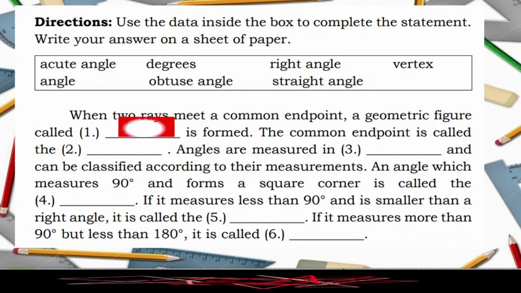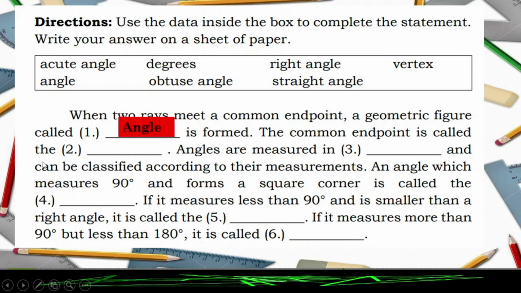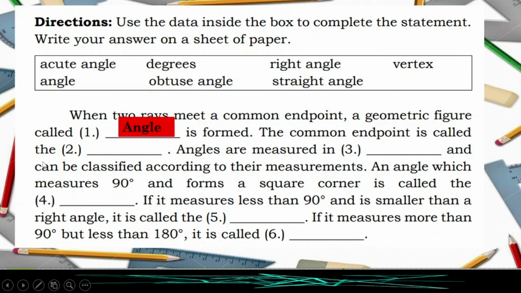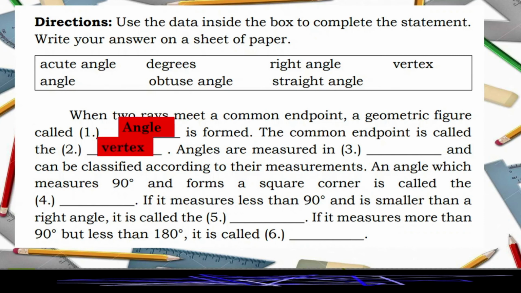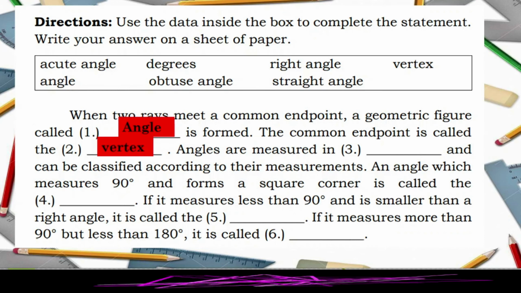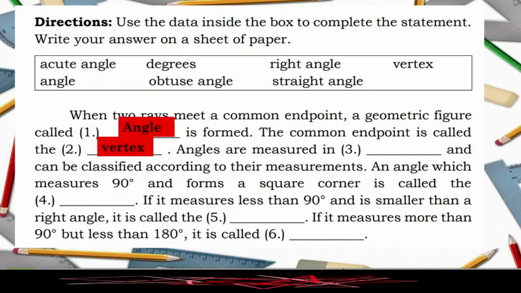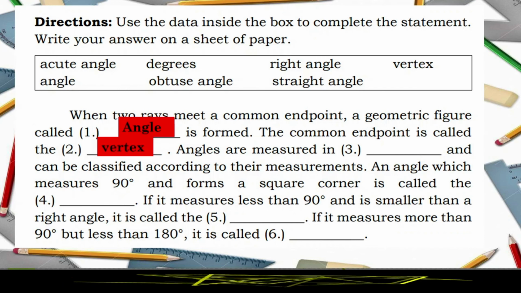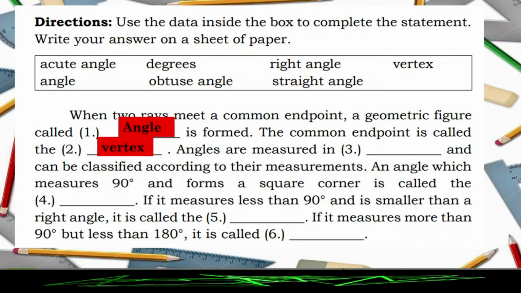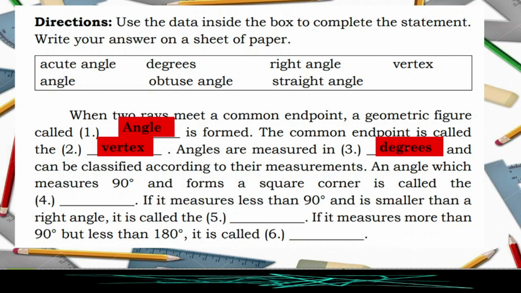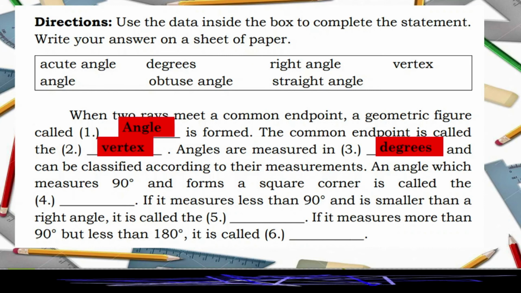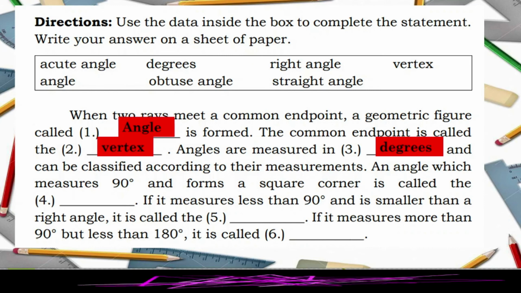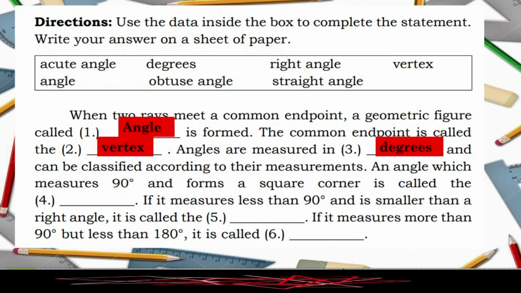The common endpoint is called a vertex. Angles measured in degrees can be classified according to their measurements.